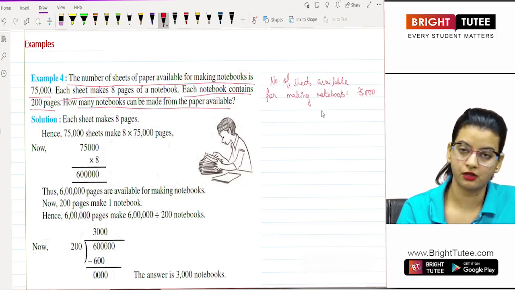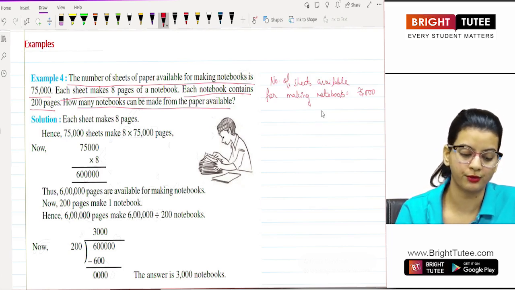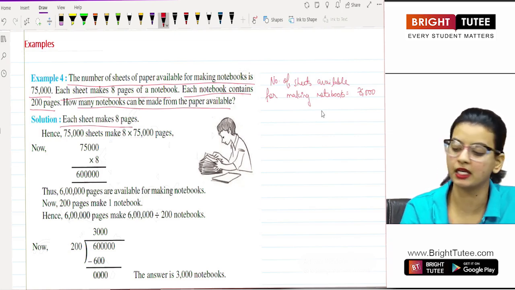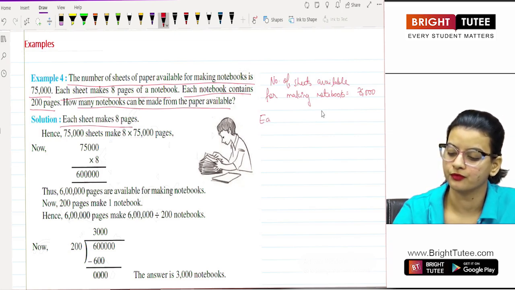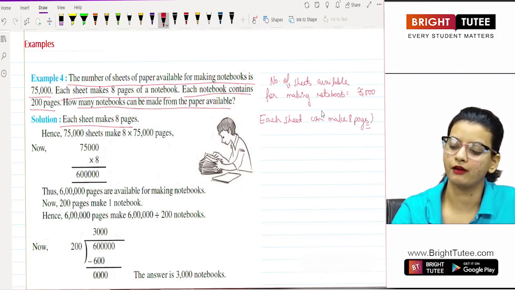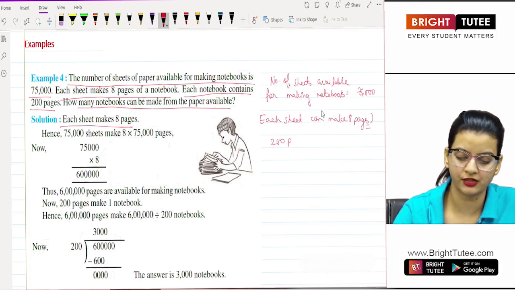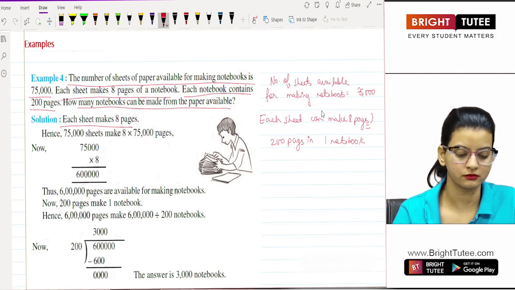Now, let's just try and understand this one by one. Each sheet can make 8 pages, and we have 200 pages in one notebook, which is given to us.